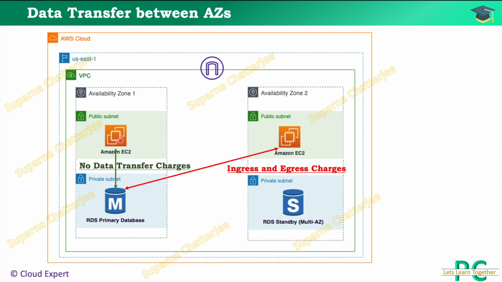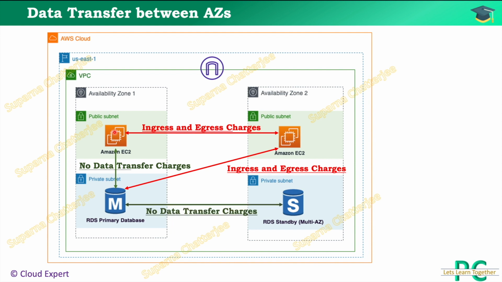Now if your EC2 instance from availability zone 1 tries to send data to availability zone 2, in that case also, since you are sending data across availability zones, you are paying ingress and egress charges. Now what about the RDS Multi-AZ database? RDS synchronizes the data between the primary node and the secondary node.